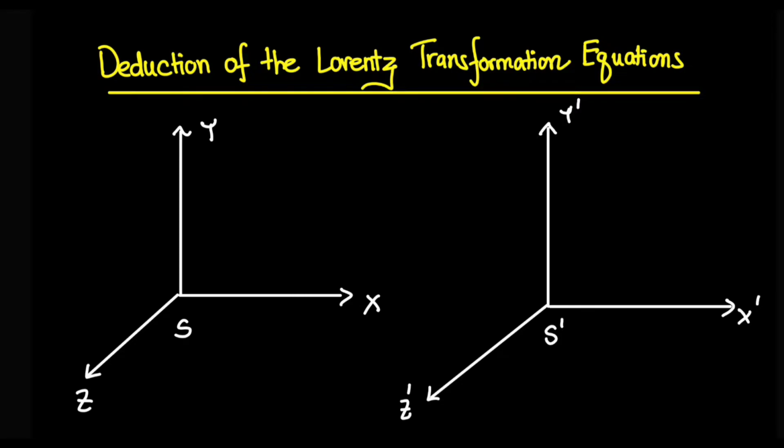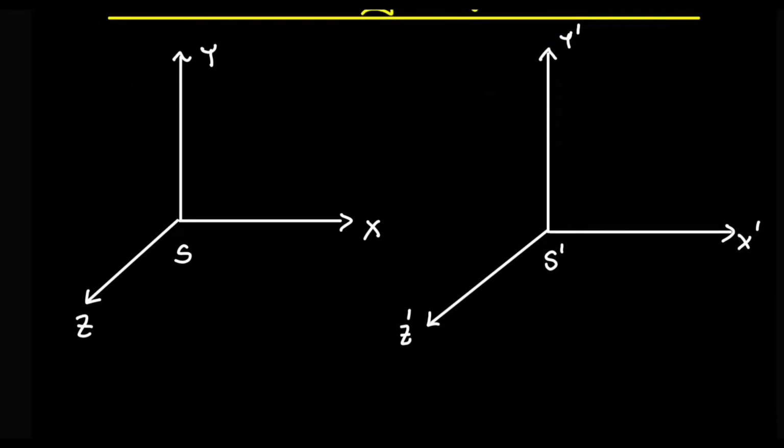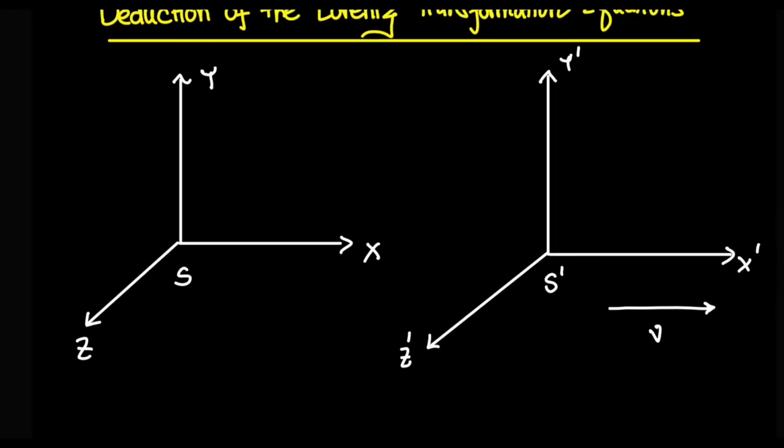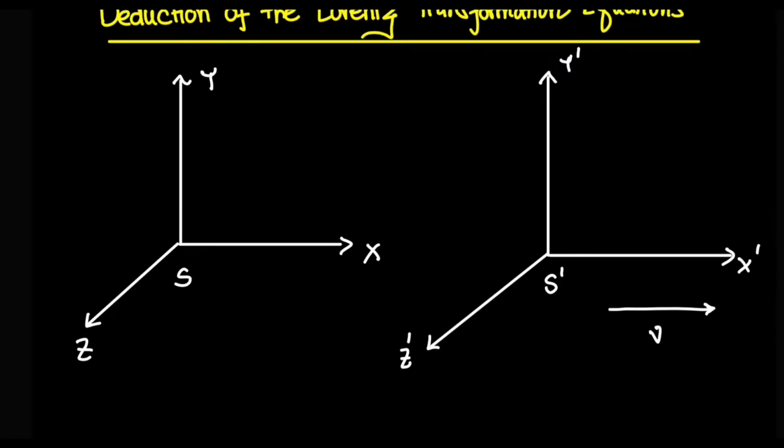Now, when we consider these two frames of references, we consider that S prime over here is moving in the x-axis, only in the x-axis, with respect to S at a velocity of v. So if we take any arbitrary point in the S prime plane, let's say point P, the coordinates will be x prime, y prime, and z prime.